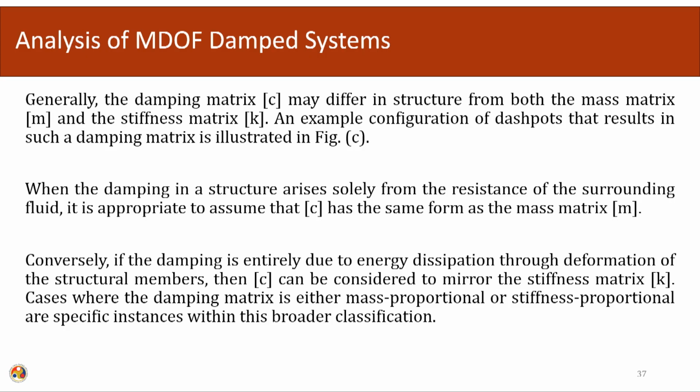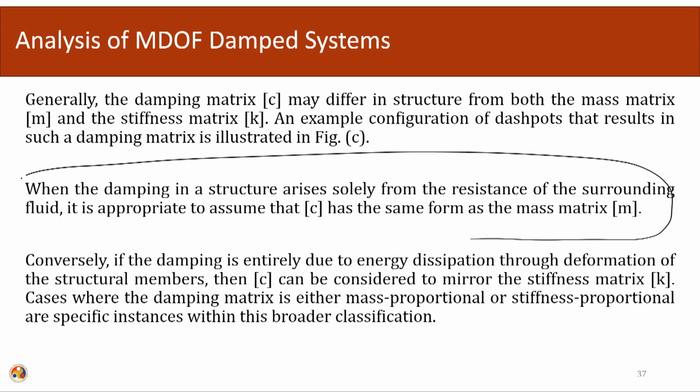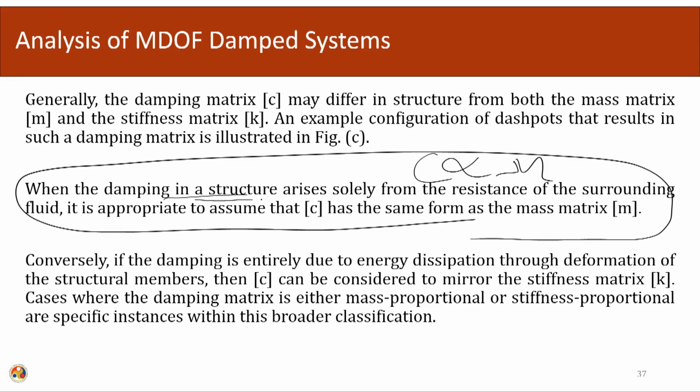When damping in a structure arises solely from the resistance of the surrounding fluid, it is appropriate to assume that C has the same form as the mass matrix. So, this is a particular case in which C is proportional to the mass matrix, and it will happen when the damping is only due to the resistance of the surrounding fluid.